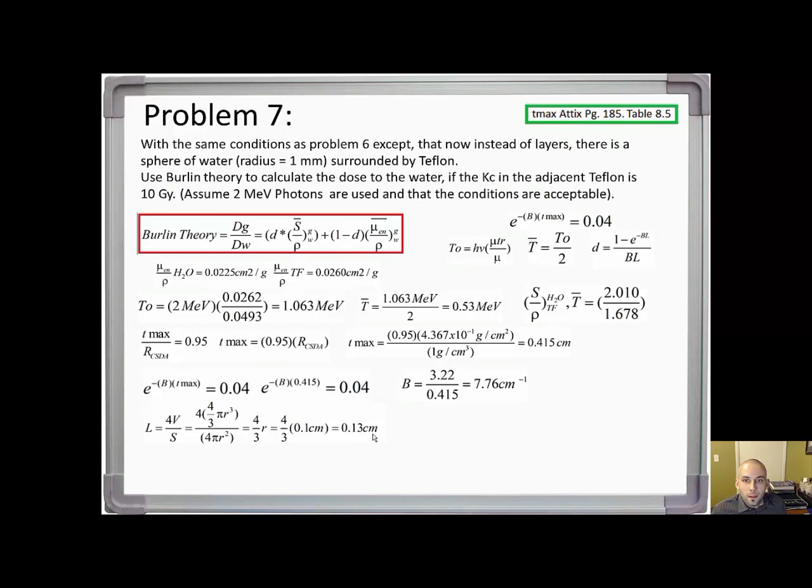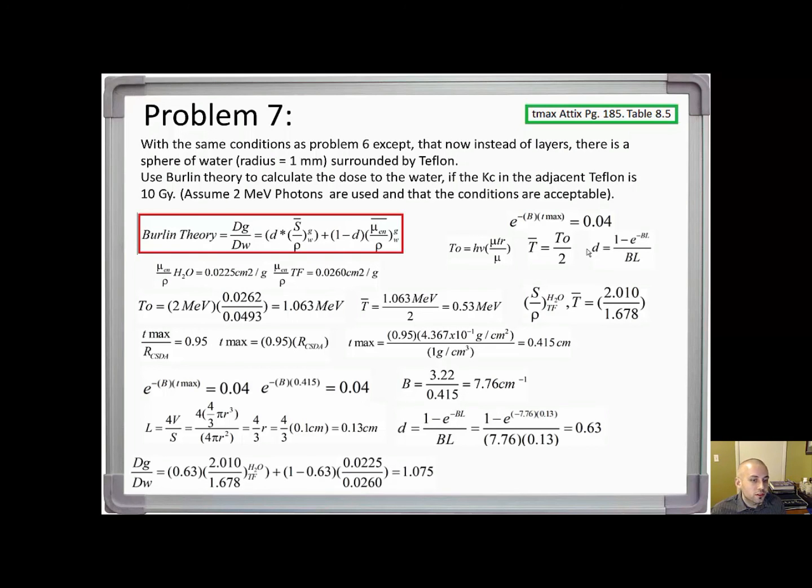centimeters. Let's substitute in the values for L and B for D, and we get an answer of 0.63. Similarly, we can plug in the values and calculate the ratio of Dg, in our case a sphere of water surrounded by Teflon, over Dw.